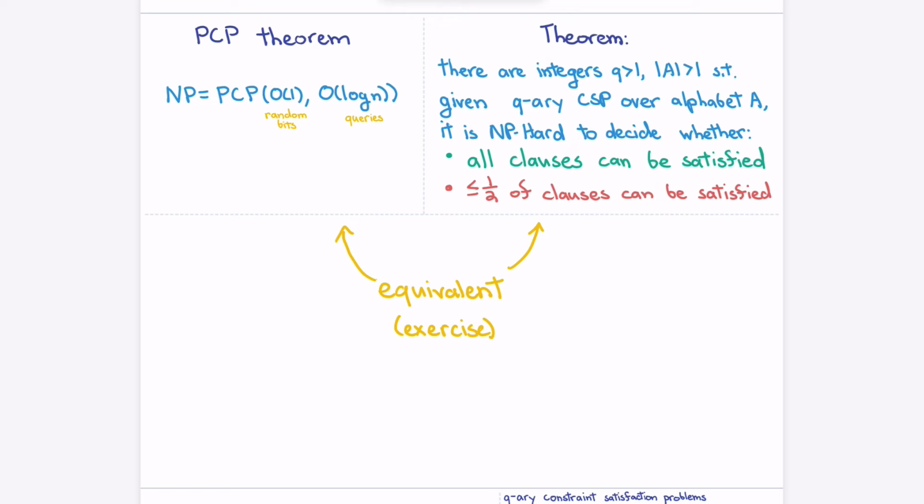So the claim is that this sort of half-or-nothing CSP problem is equivalent to the PCP theorem. What would be the connection between these problems?